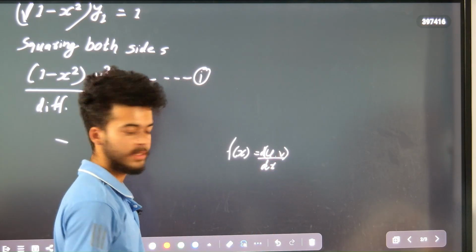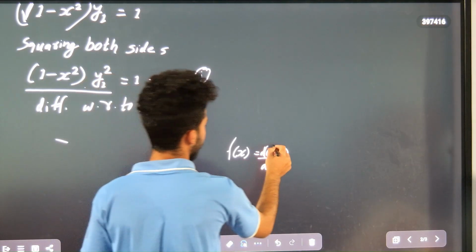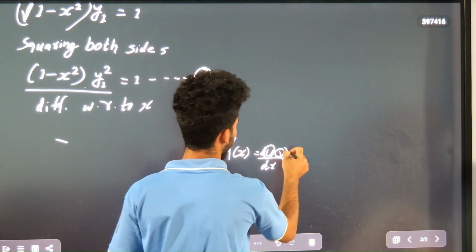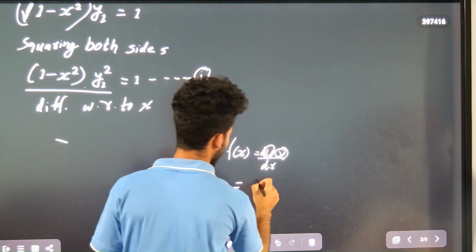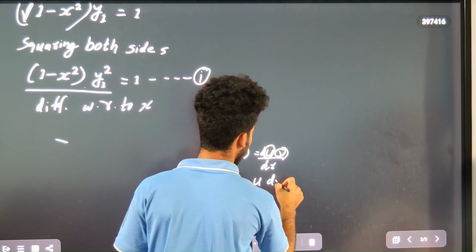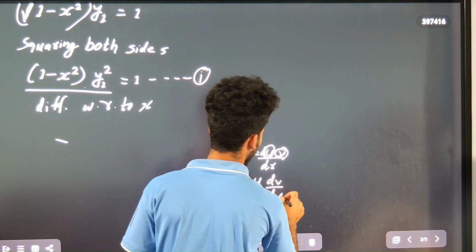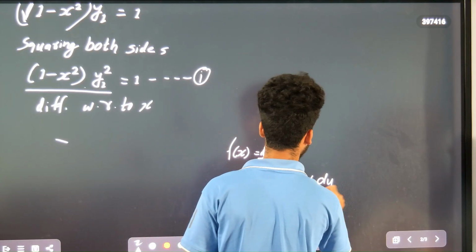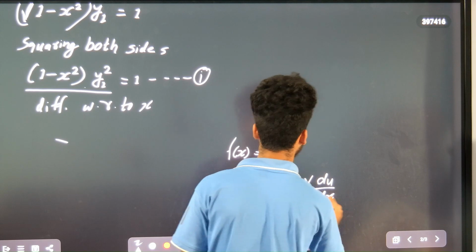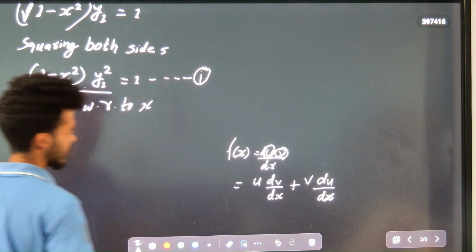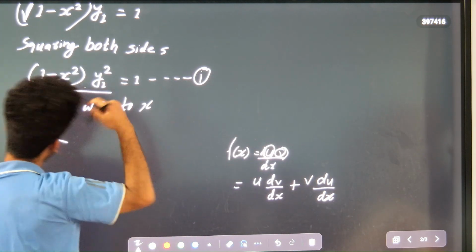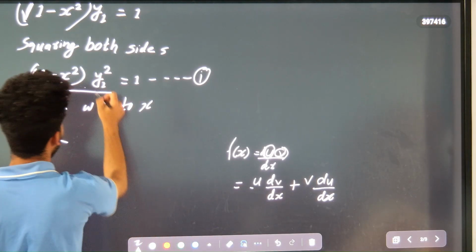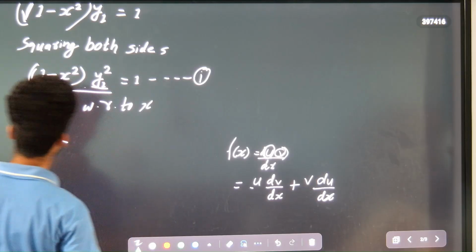For this, we simply take one variable as constant first, and differentiate the other variable. So u dv by dx plus v du by dx. So here we can simply take the term 1 minus x square as u and y1 square as v.